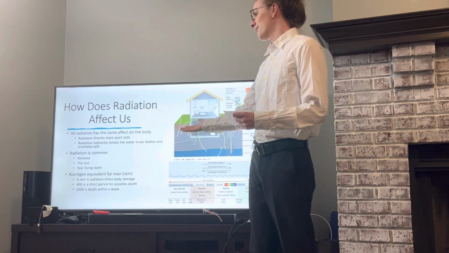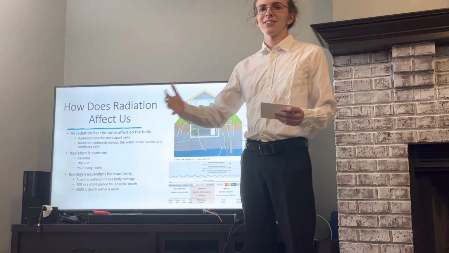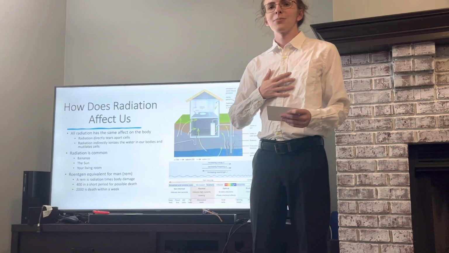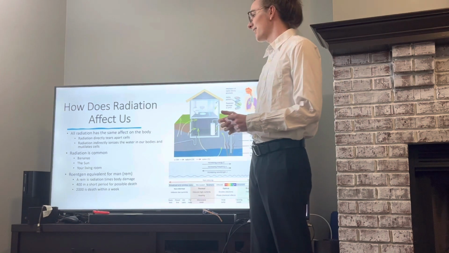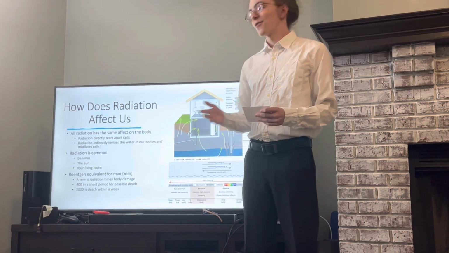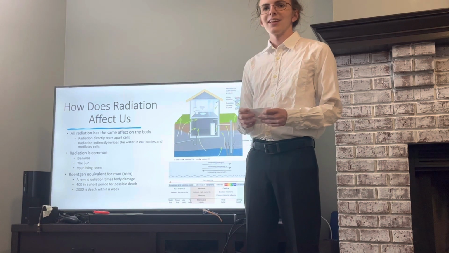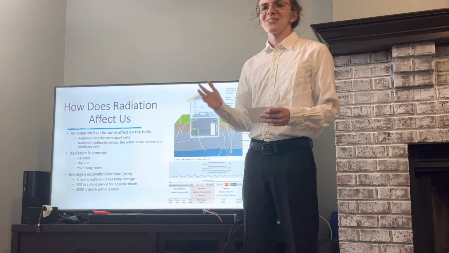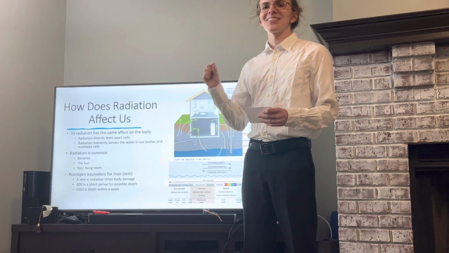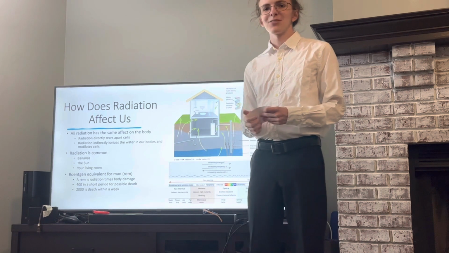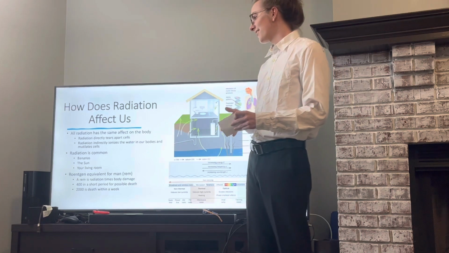It's found by the radiation you're exposed to multiplied by the damage it does to your body. And 400 looks like a small amount, but a banana produces only 0.001 rem from what Wikipedia says.